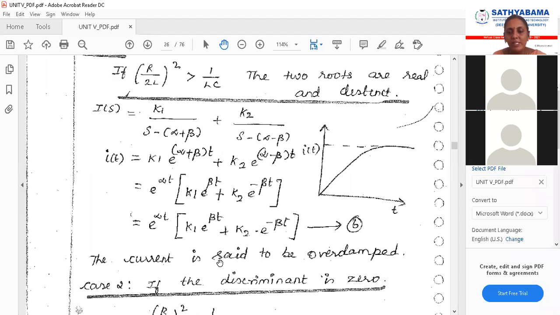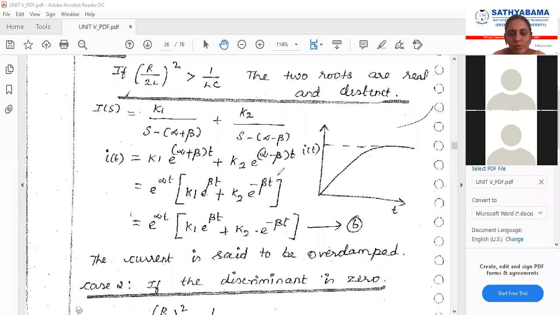So what does it mean actually? If (R by 2L) the whole square is greater, it means that the roots are going to be real and distinct.